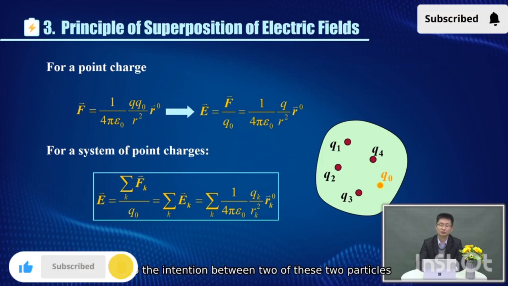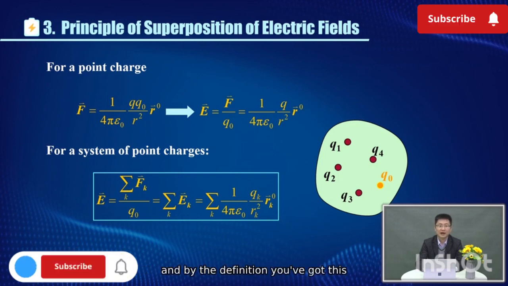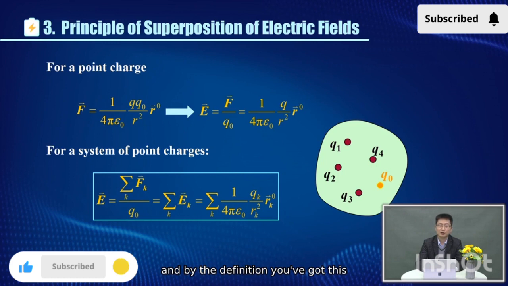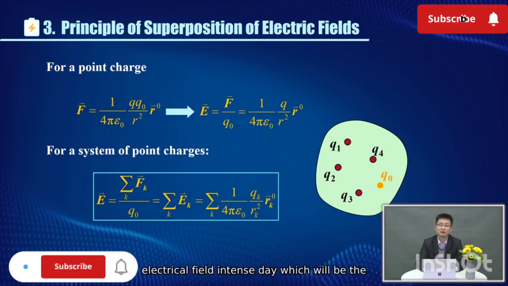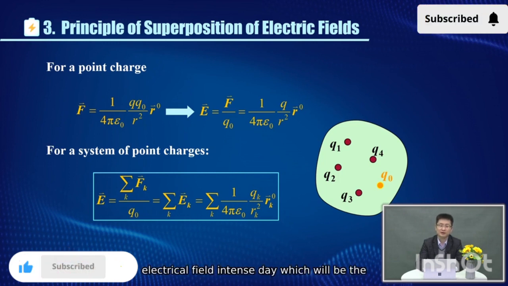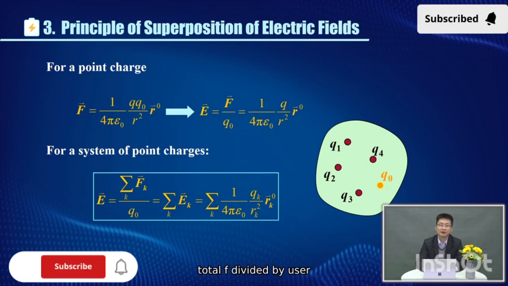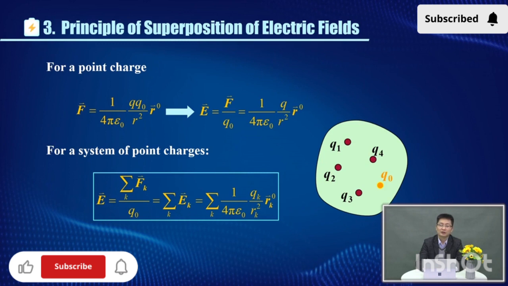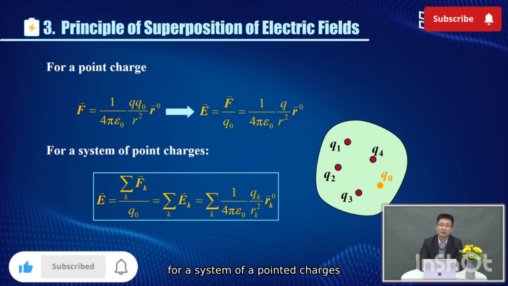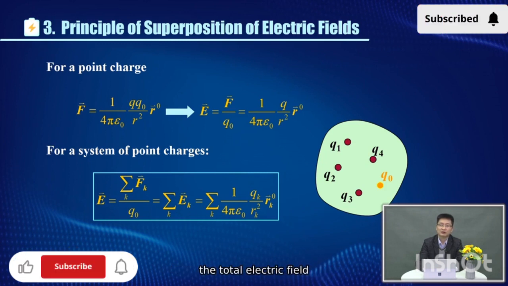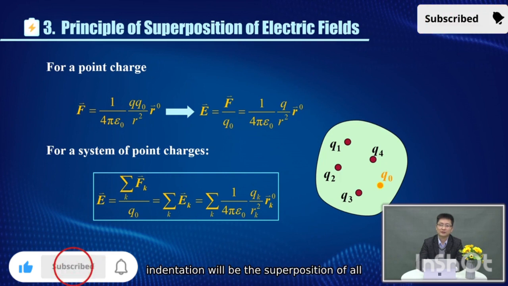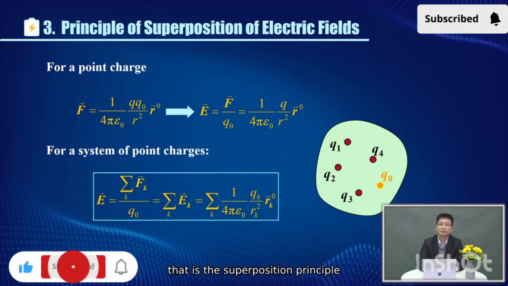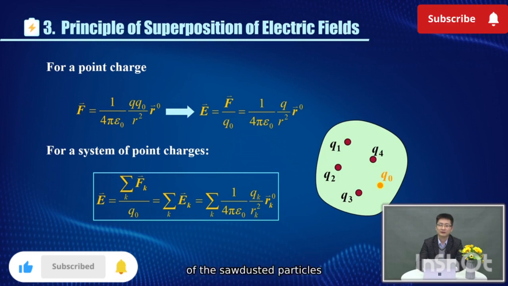By the definition, you get the electric field intensity, which is the total F divided by Q0. For a system of point charges, the total electric field intensity is the superposition of all the charges' fields. That is the superposition principle for source point charges.